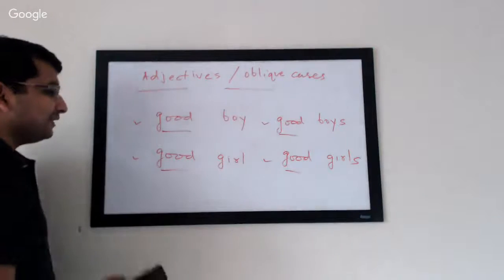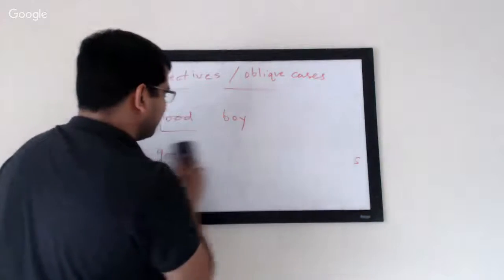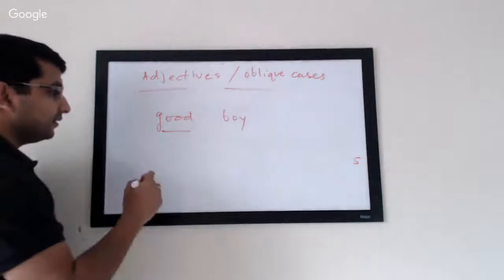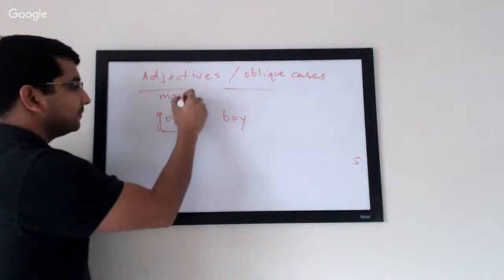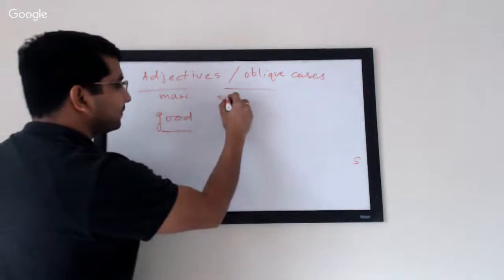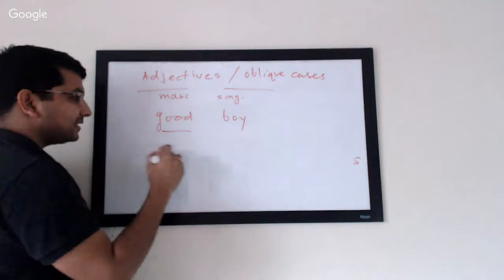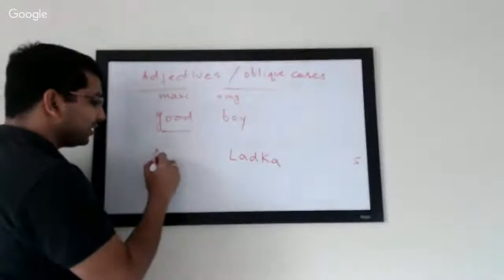Okay, so let's see how it works. First, let's see how it works for masculine singular. So this is ladka, and this is acha.